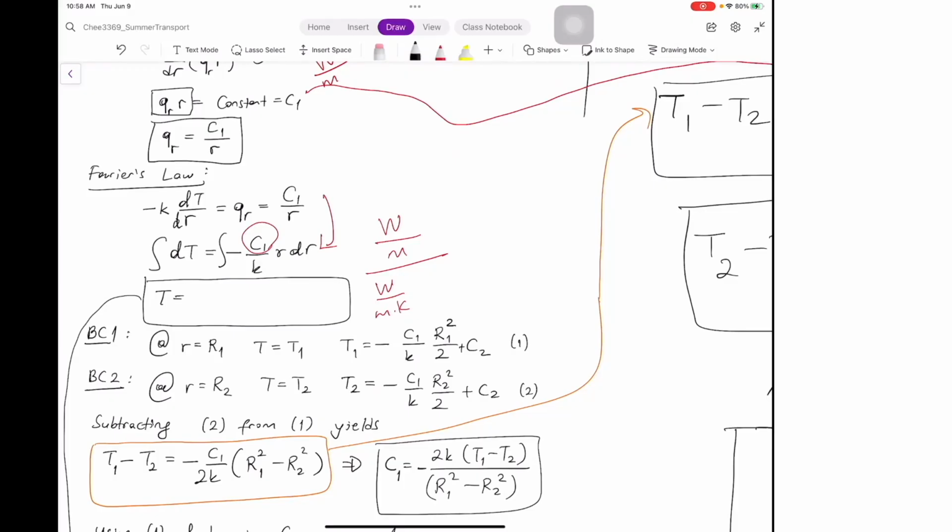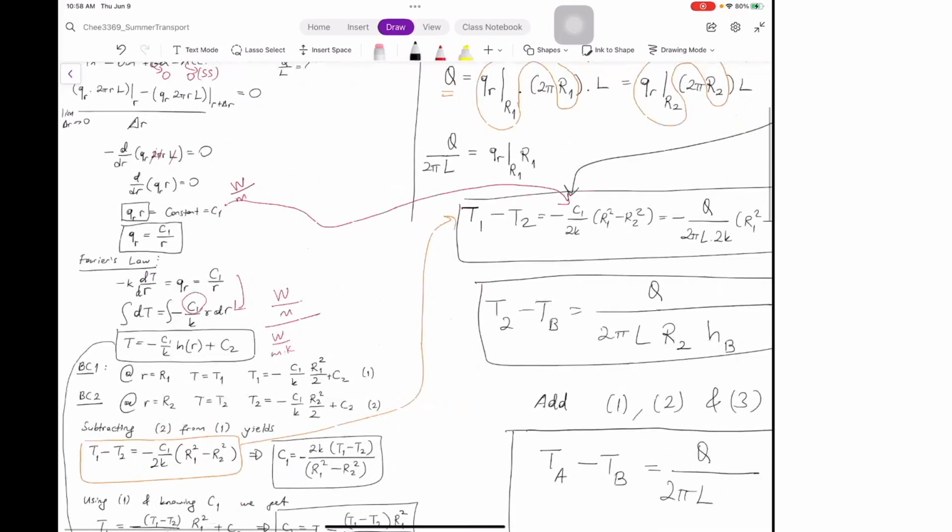T is going to be equal to minus C1 over K logarithm of R plus C2. That makes sense now, because the unit did not actually make sense. Okay, now it should make sense. Good.